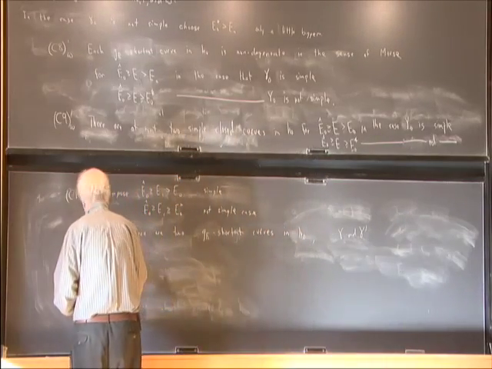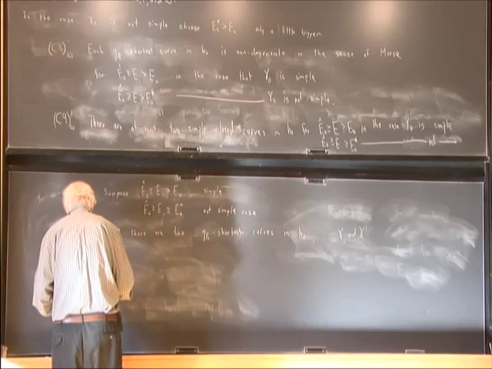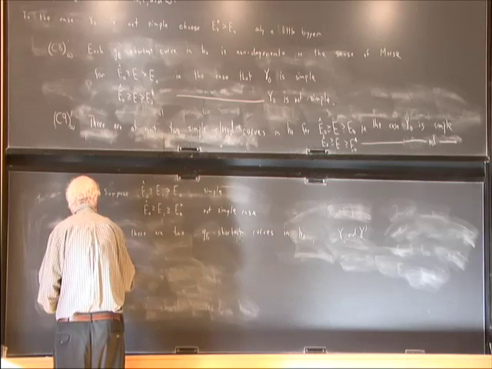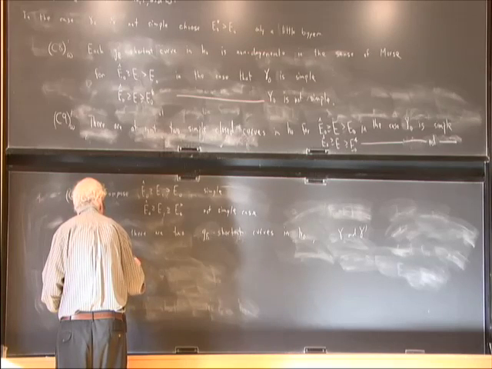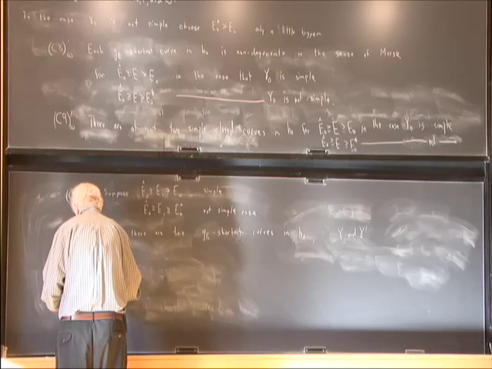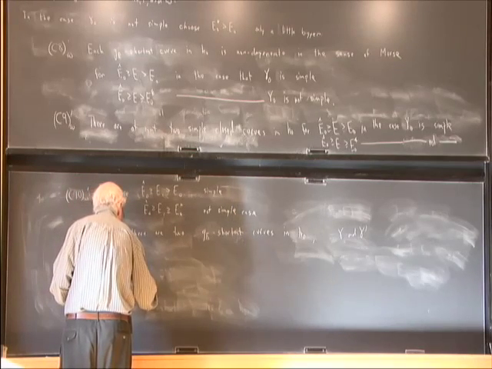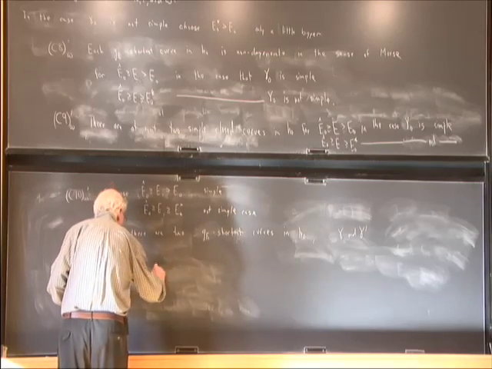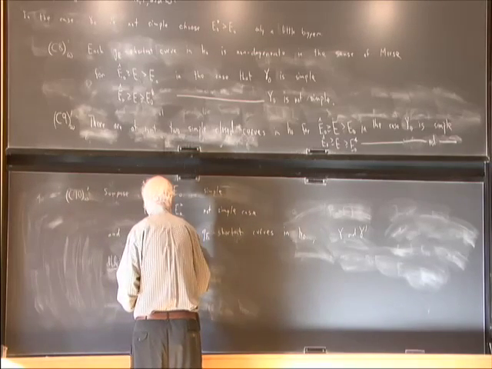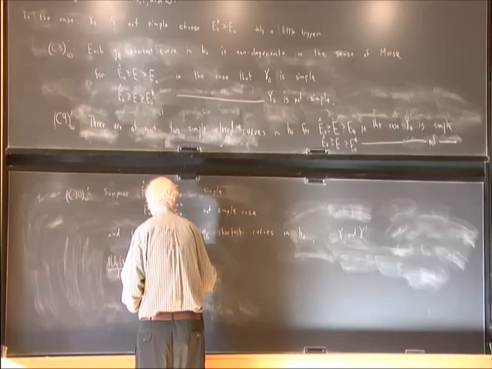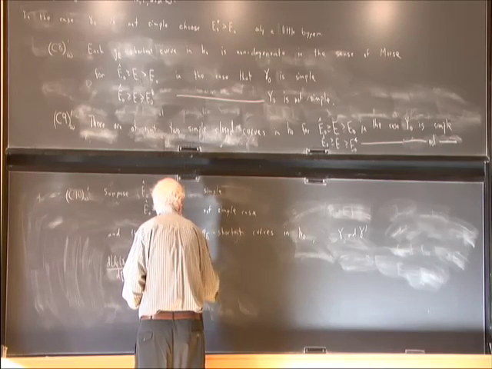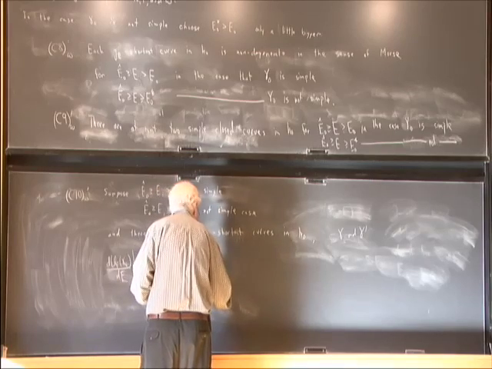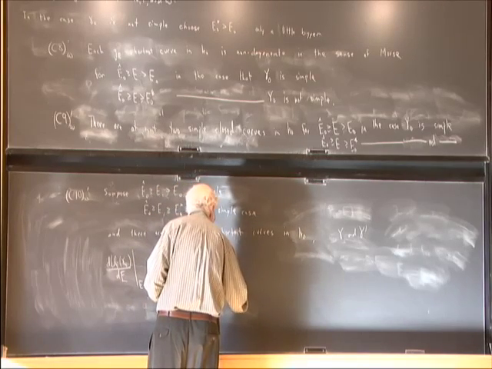Then our condition is that the derivative of LE with respect to E, for gamma E, evaluated at E equals E1, is not equal to the derivative of LE for gamma prime E, with respect to E, evaluated at E equals E1.